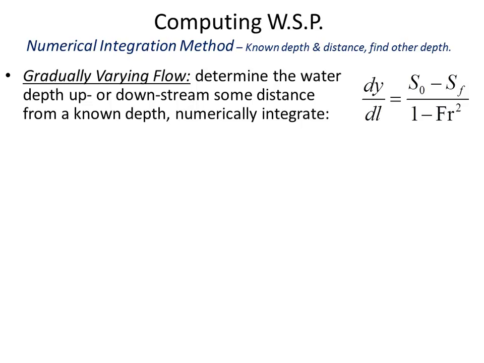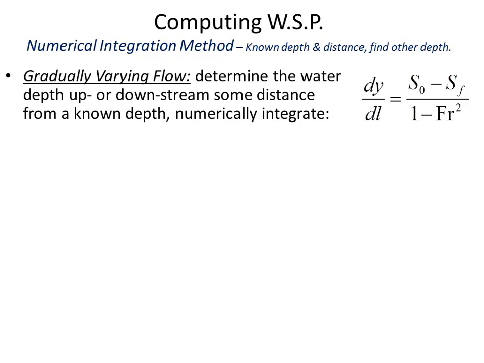The first method we're going to go through that explains how to find the depth at some unknown spot is called the numerical integration method. What it does is numerically integrate a curve. You remember that in an earlier class, I told you that part of the difficulty in applying the process equation is that the water surface is a curve and not a straight line.